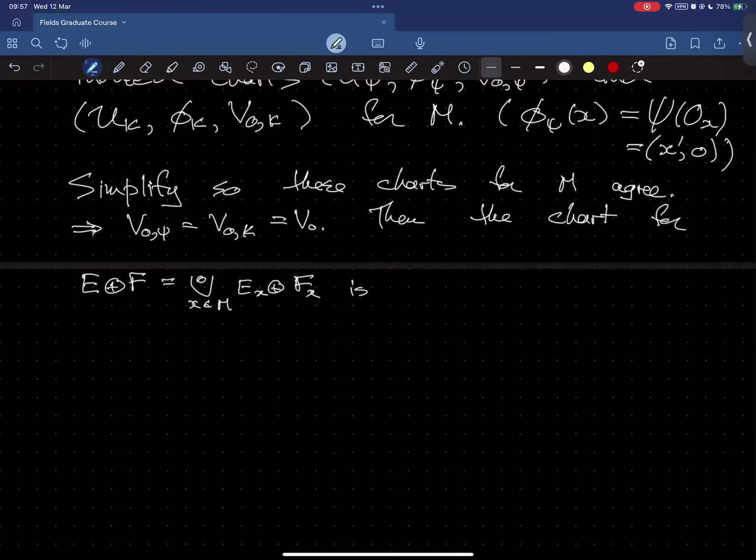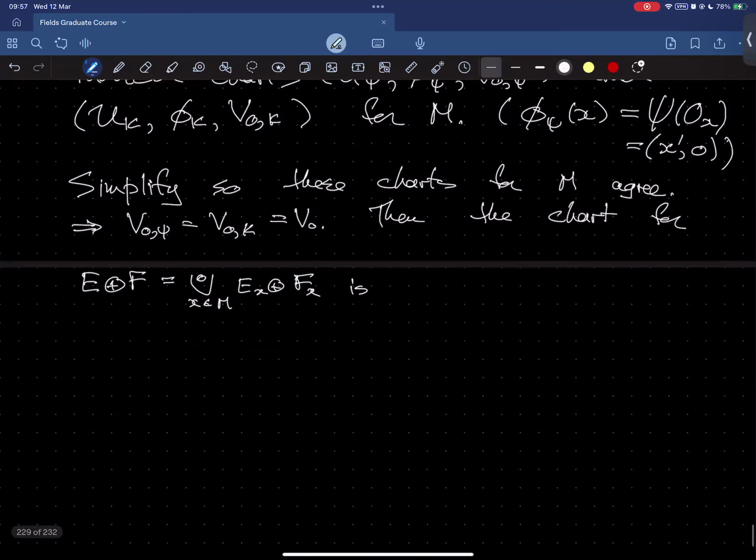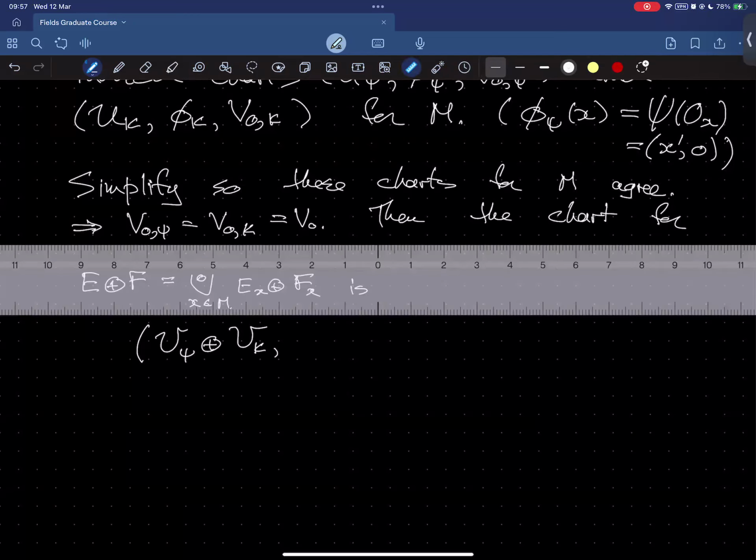So the chart is going to have a domain, and the domain is going to be V psi plus V kappa. So this is a notation now that I'm defining. Whoops.